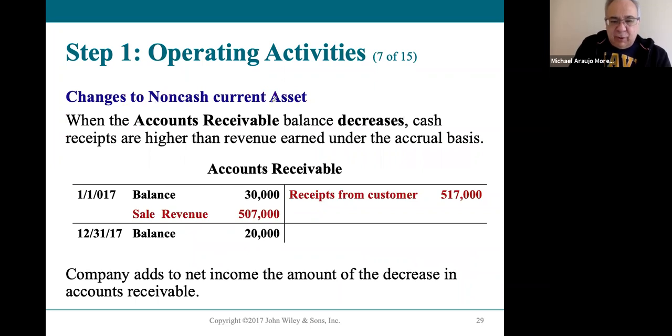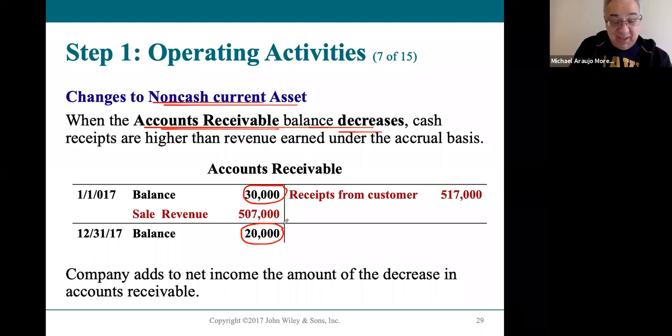We have to look at those current asset accounts and current liability accounts to see if any cash was involved. So it might not look like there is, but there is. Look at accounts receivable. Accounts receivable went down. It went from $30,000 to $20,000. Now, the only way an accounts receivable goes down is because more cash came in to the company, right?